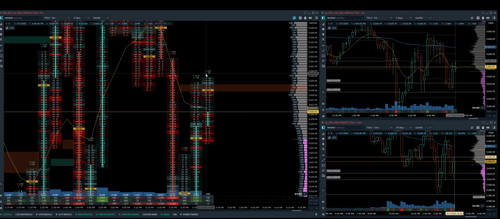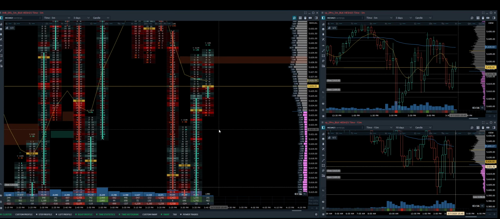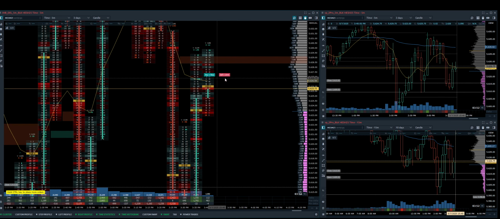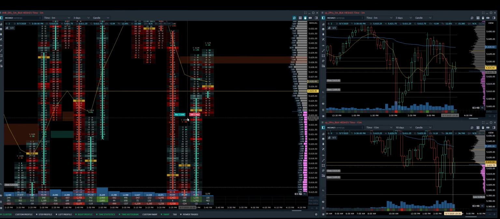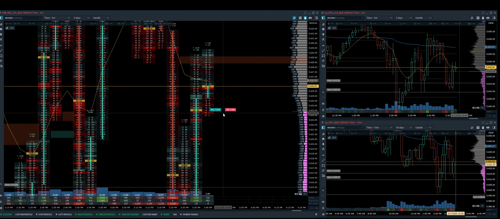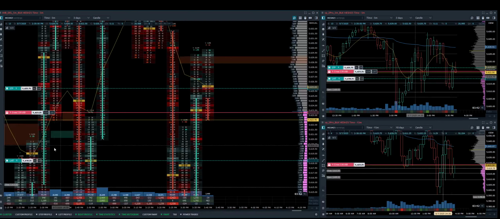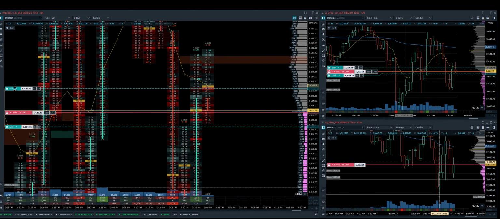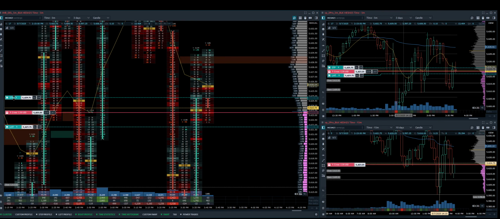Now we're lower on the delta, a lot less positive. POC stayed about the same. So I'm selling here. But maybe not.